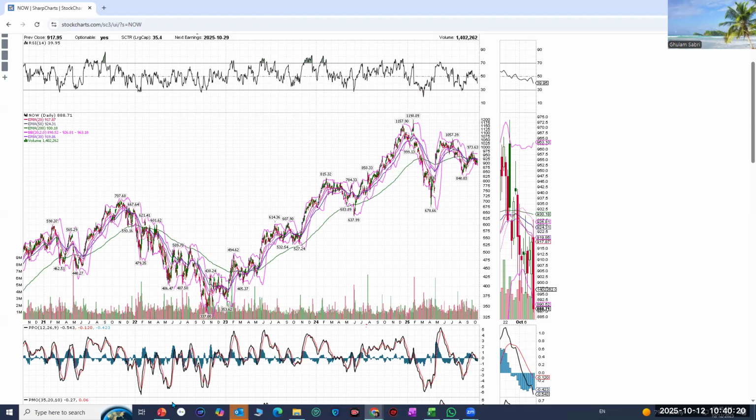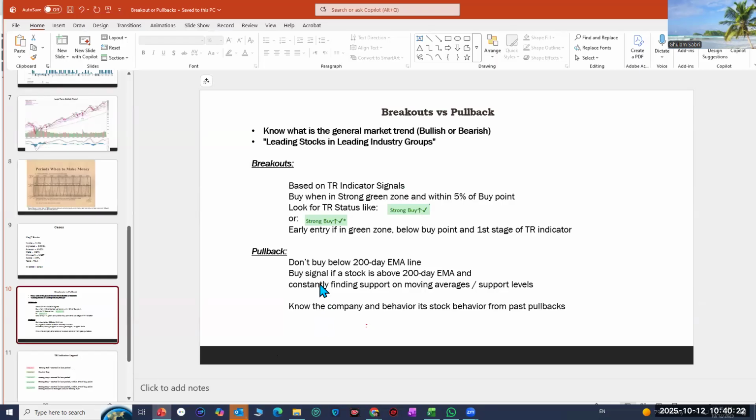For that, the best strategy is that you do not buy below the 200-day EMA line. You buy if it is above the 200-day line and constantly finding support on moving averages and support levels, and you know the company and the behavior of its stock from past pullbacks.